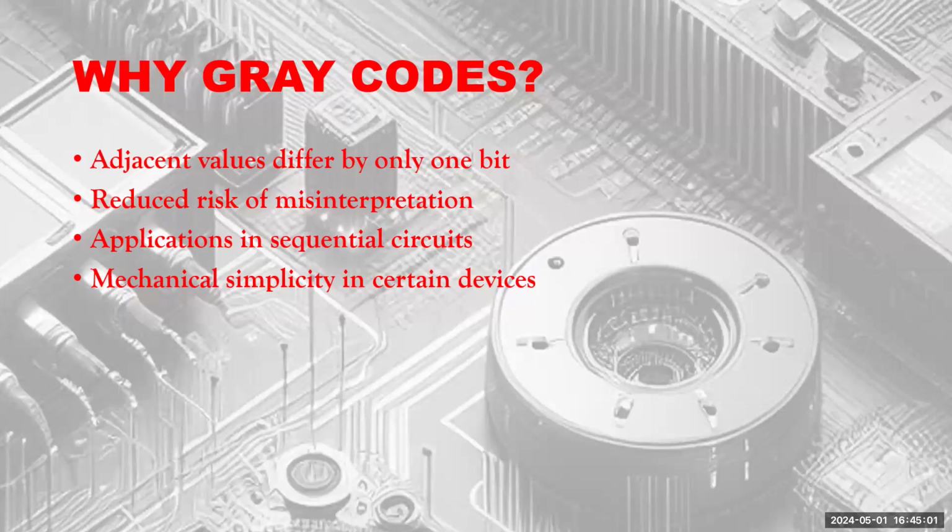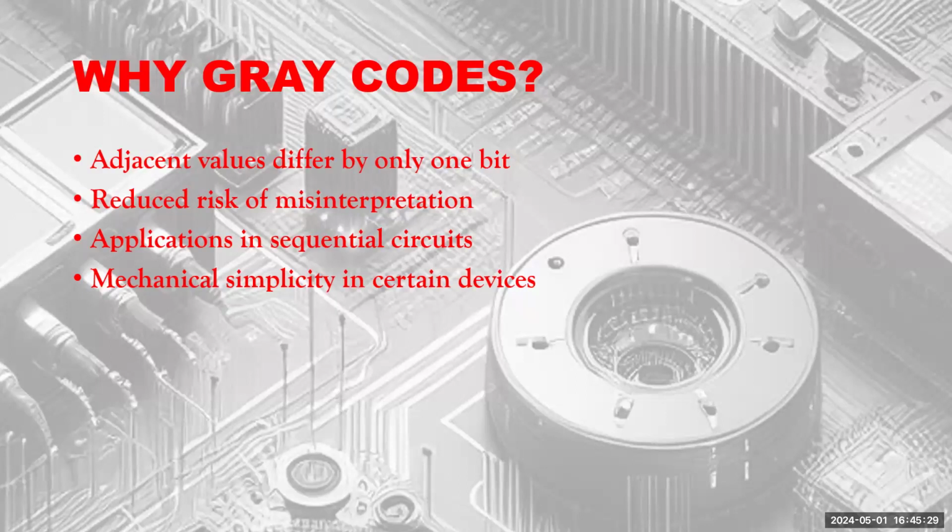Next is the mechanical simplicity in certain devices. In mechanical devices, for example rotary encoders, where physical contacts are used to generate digital signals, gray codes can actually simplify this mechanism. Otherwise, there is a much higher likelihood of errors caused by contact bounce or mechanical jitter.